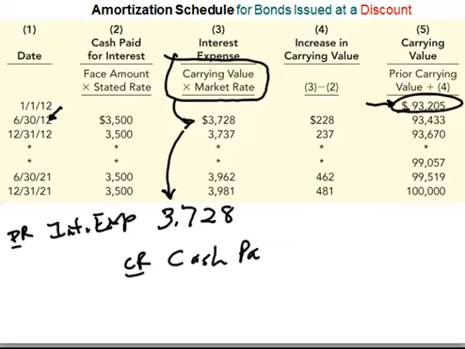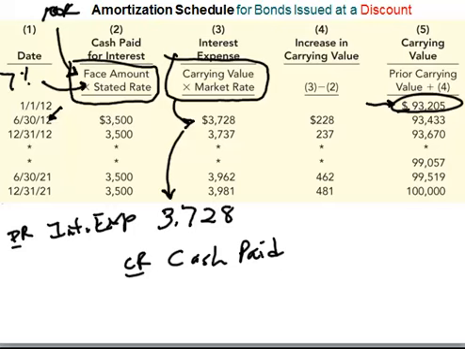Our credit for the cash payment is calculated by taking the face amount multiplied by the stated rate. Recall that the face amount was $100,000 and that the stated rate was 7%. The $100,000 multiplied by the 7% multiplied by 1/2 to reflect the semi-annual interest payment gives us the $3,500.